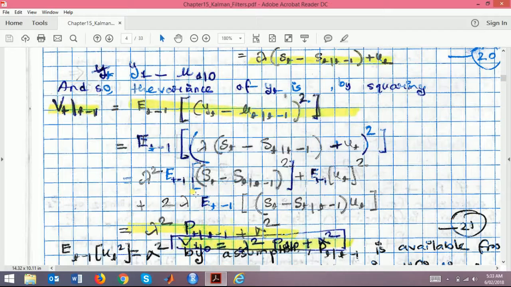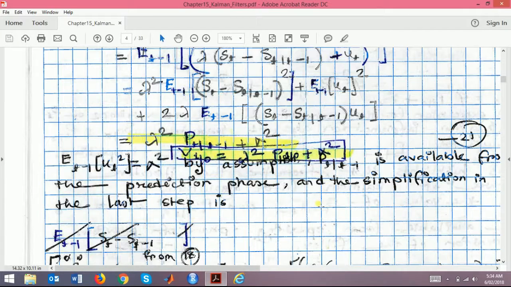So now that we are going to use here, v10 equals lambda square (instead of phi square, you're using lambda square) p10 plus sigma square. So in the conditional mean we used S10, and in the conditional variance we used p10.